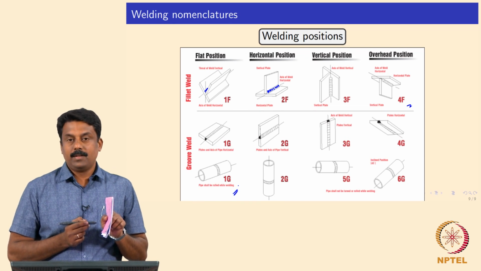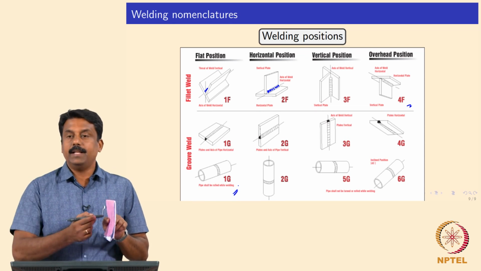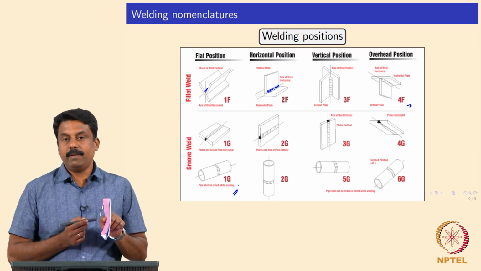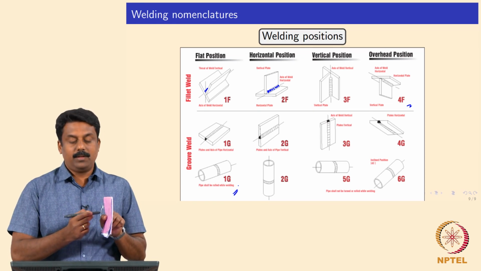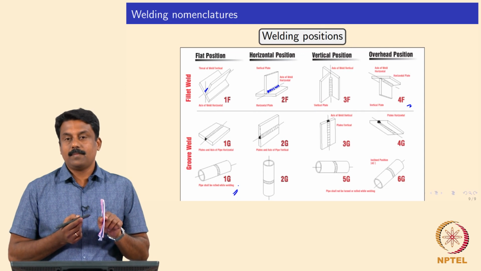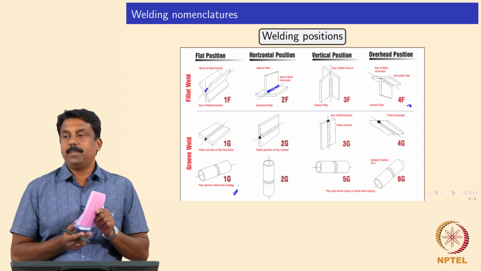So the plate and the torch are at 90 degrees in this way, right. So this is 2G, right. The same can be done for pipe also.